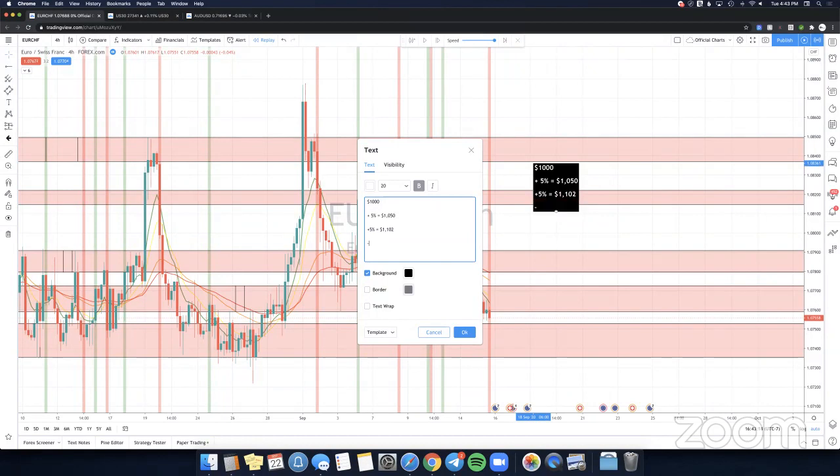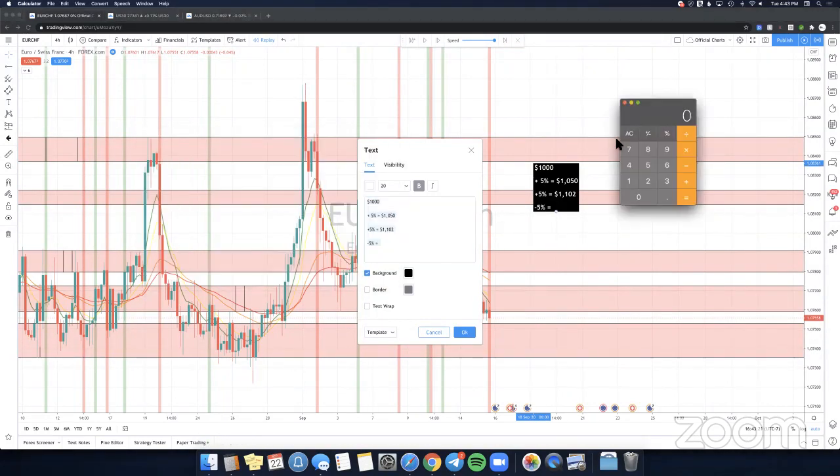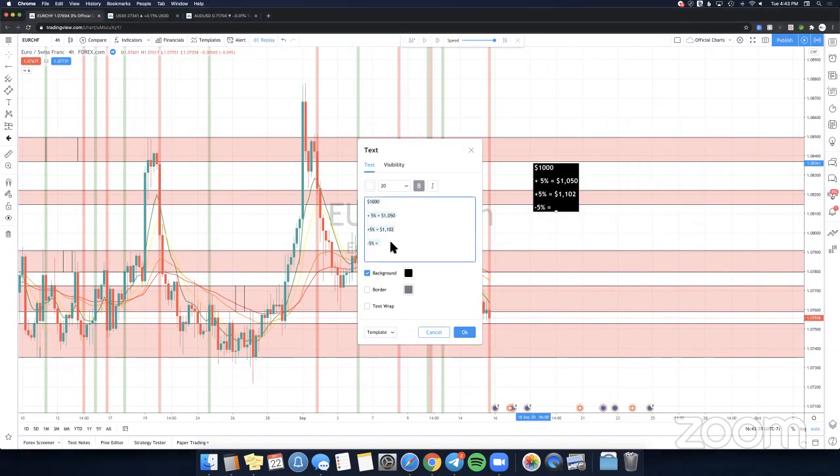And then say you lose 5%, and I'll have to get the calculator because my math sucks. So let's see, we're at 1,102 times 5%. So 55. 5% of 1,000 is going to be plus 50 bucks, plus 52 bucks.